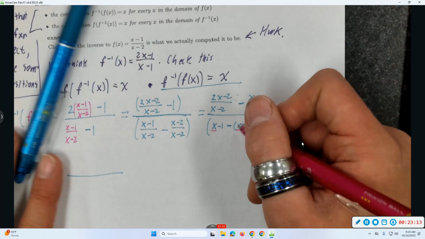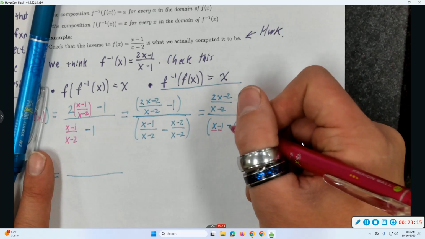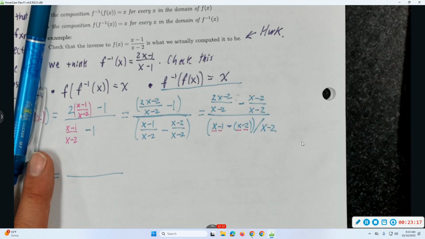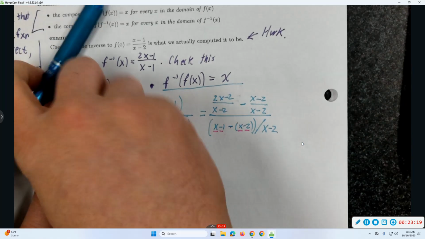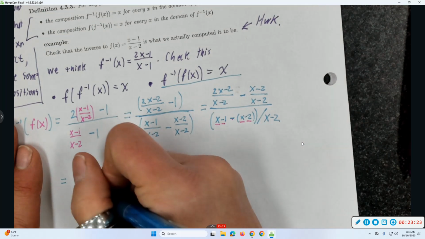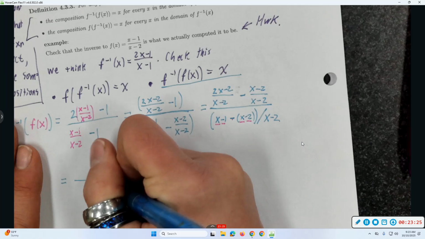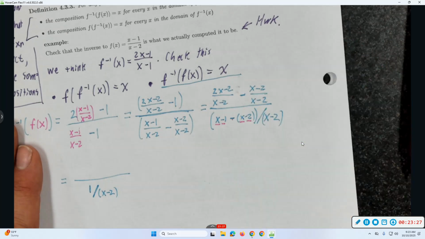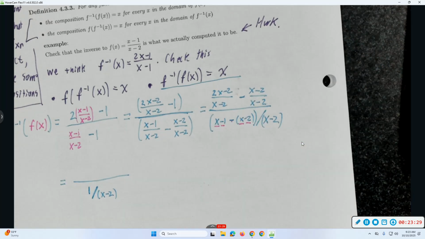So no x's, minus 1 minus minus 2. So minus 1 plus 2 is 1. All right, 1 over x minus 2. Well, I guess that's the same as just multiplying by x minus 2, but I can hold on to that for a later step. What about the numerator? What can I do there?